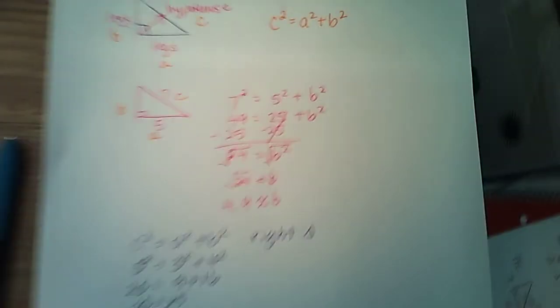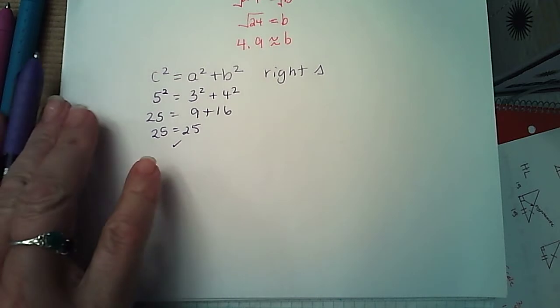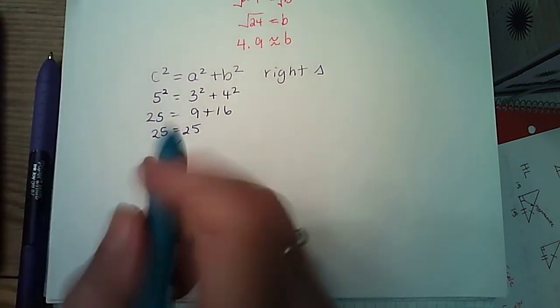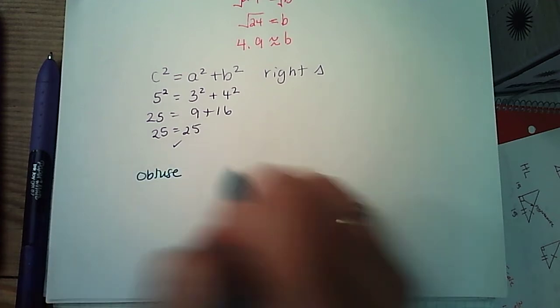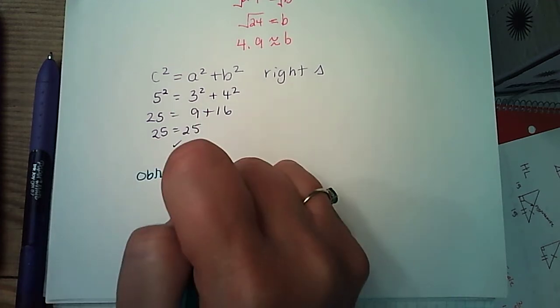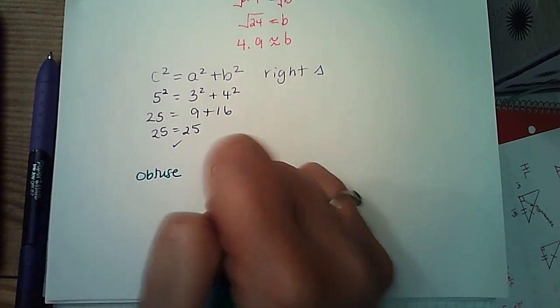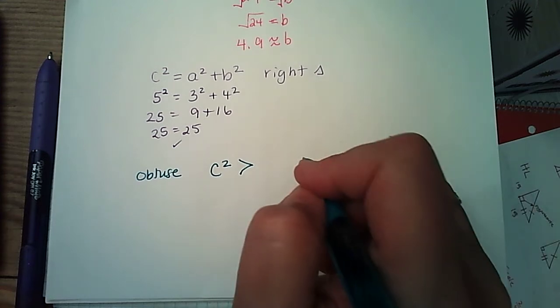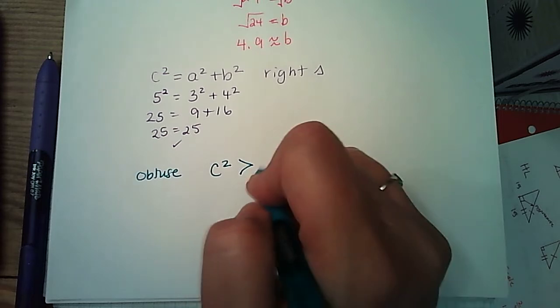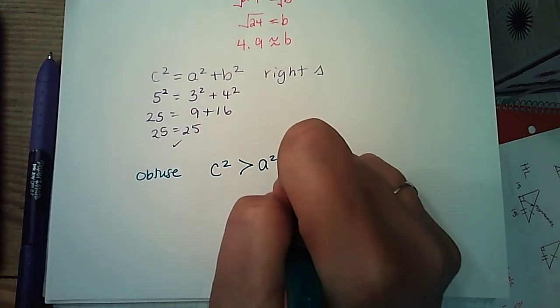So then we said, okay, well, what if it doesn't equal? Then we can have what we call an obtuse triangle. Let's say our C squared is larger. So if C squared is larger, just like an obtuse angle is larger than a right angle, then it's obtuse.